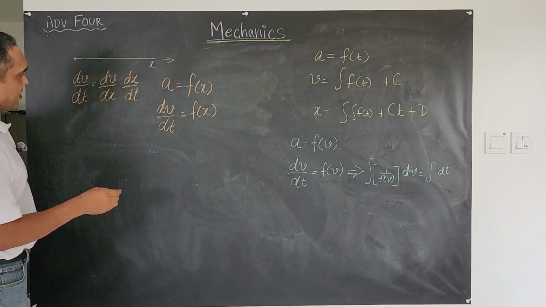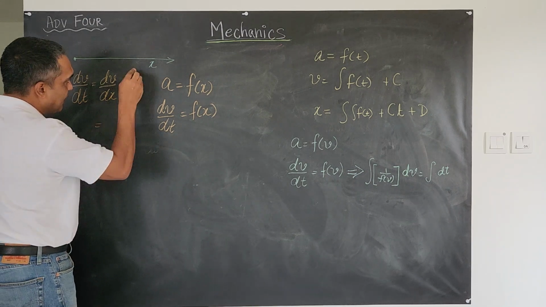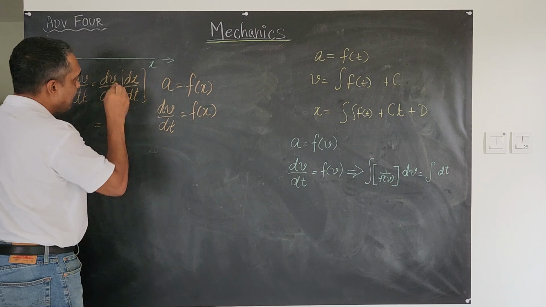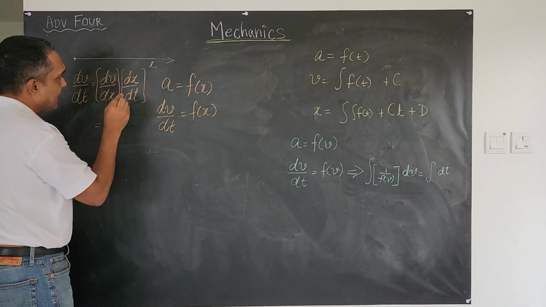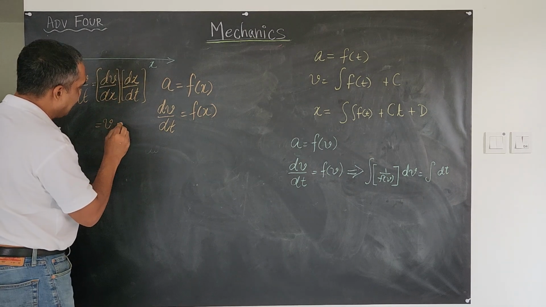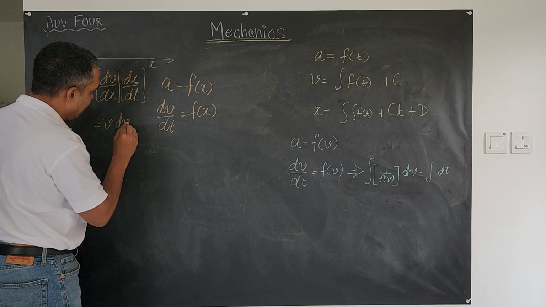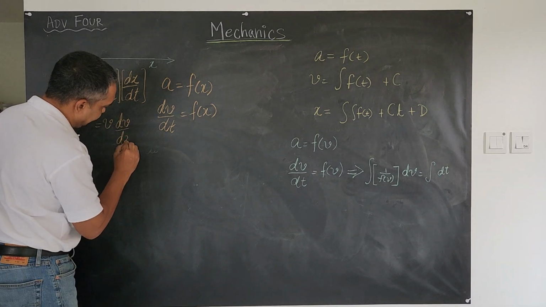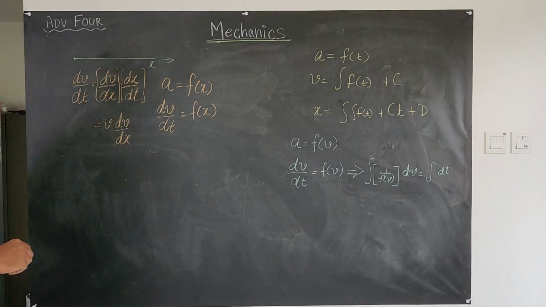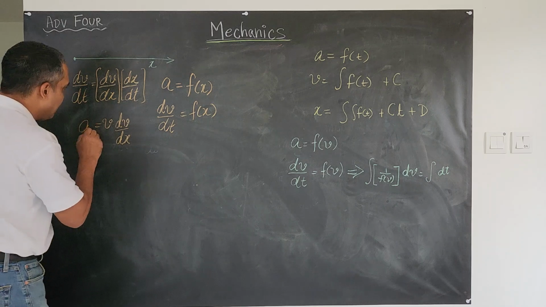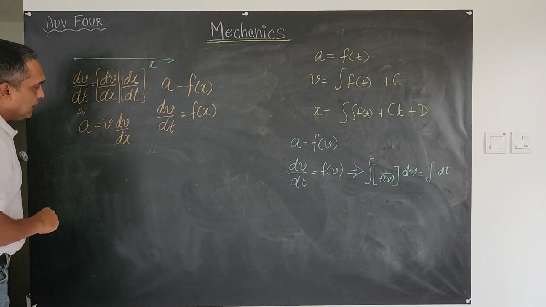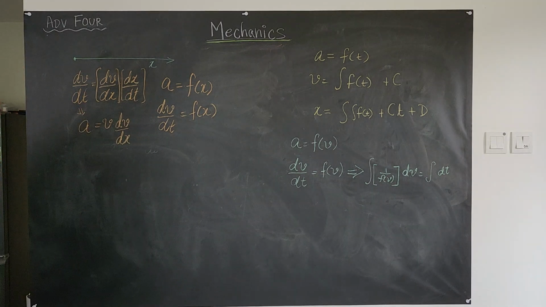Or rather, you must know this in calculus, which then would mean dx by dt is nothing but velocity. So it's velocity times dv by dx. So I can write acceleration, which is basically that, as v dv dx.